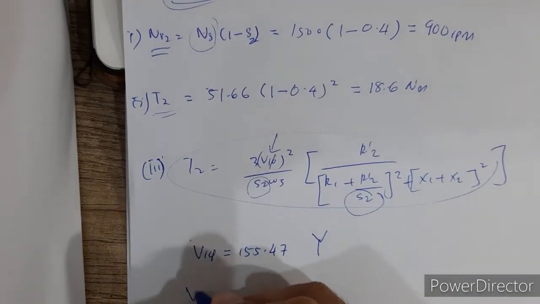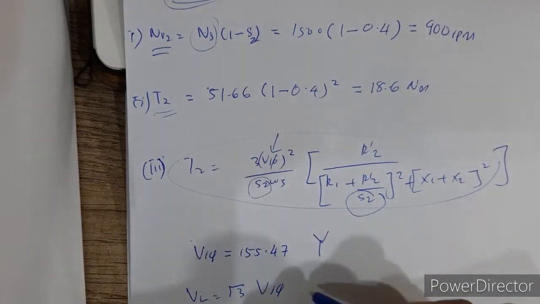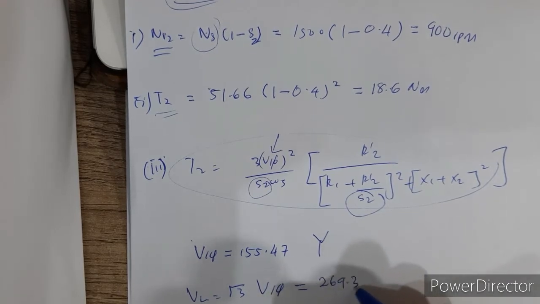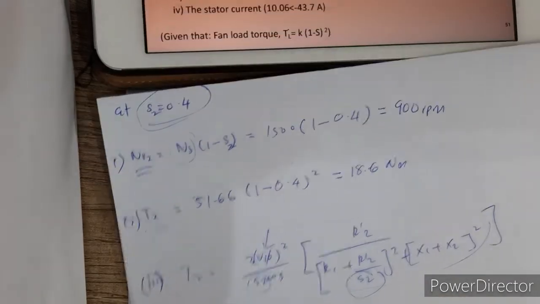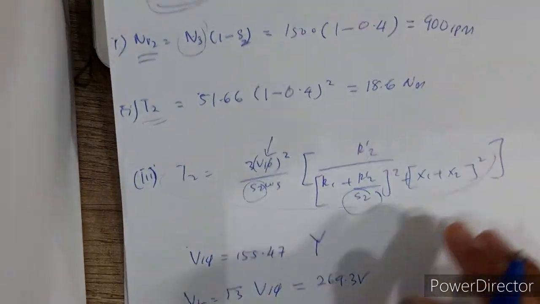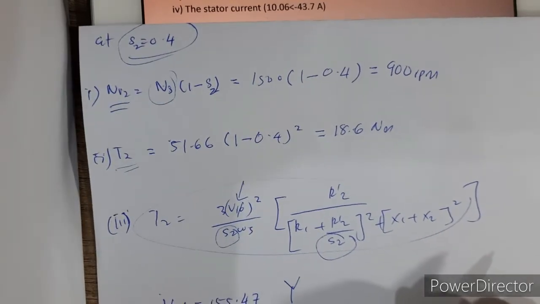We know that V line equals square root of 3 V phase. In terms of magnitude, the answer is 269.3 volt. So this is the answer for number 3, the motor terminal voltage.